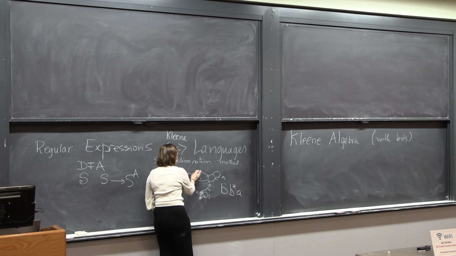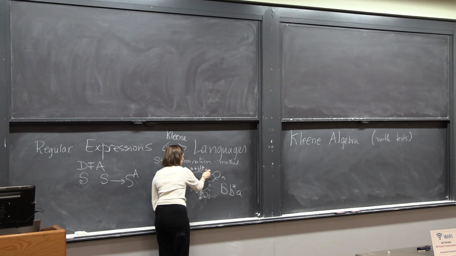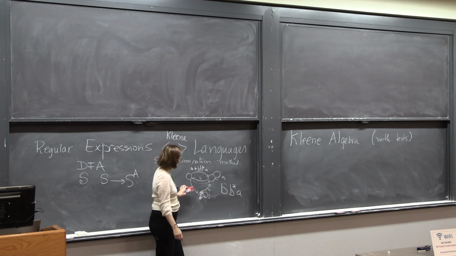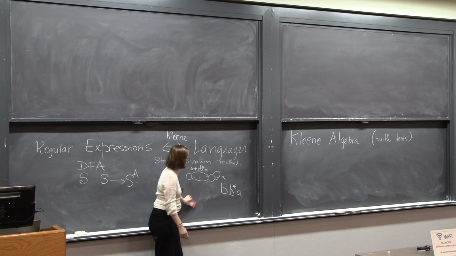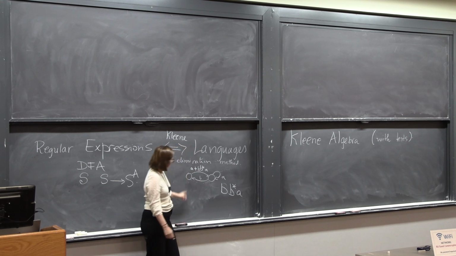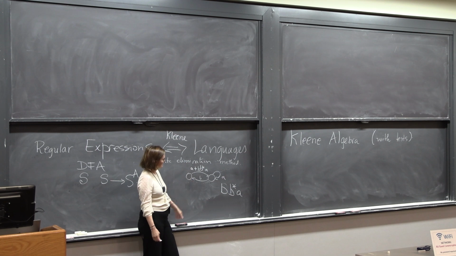So instead of adding a new transition, I just add it here. So now I've deleted that state. And now I have an automaton that's not quite a DFA anymore because I have these regular expression labels, but we squint and we pretend it is.